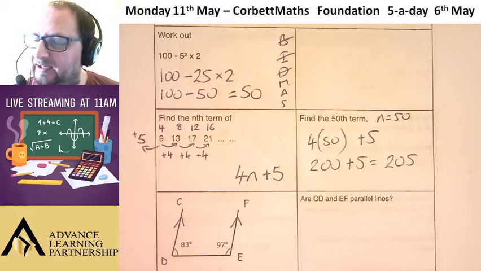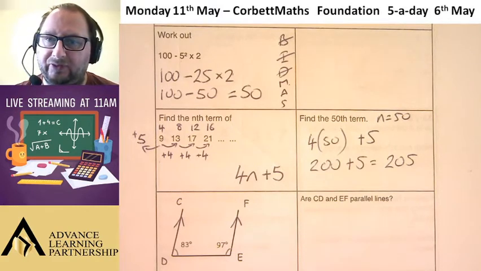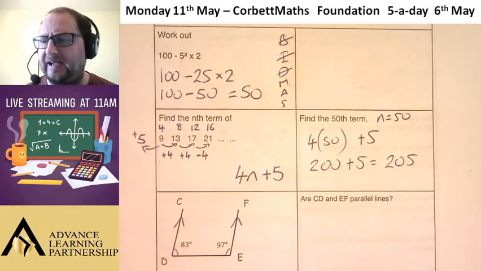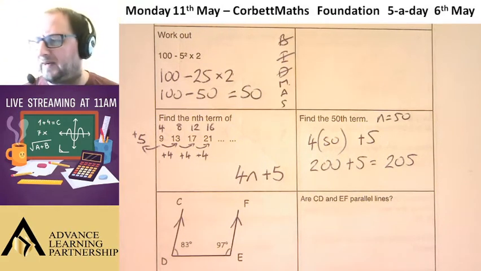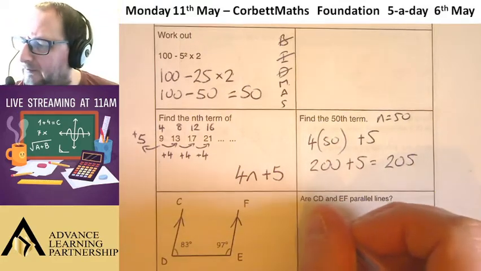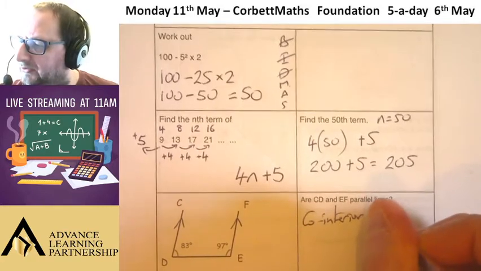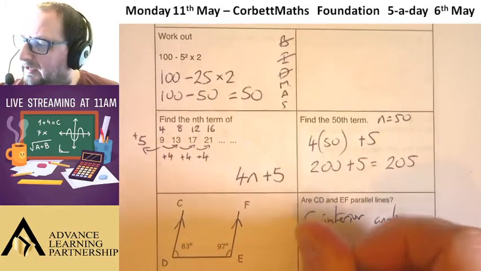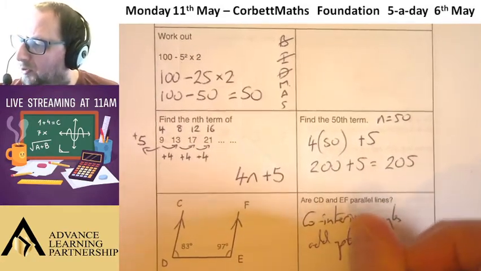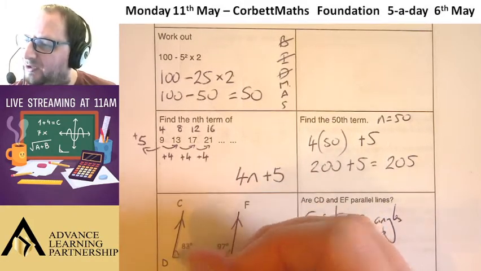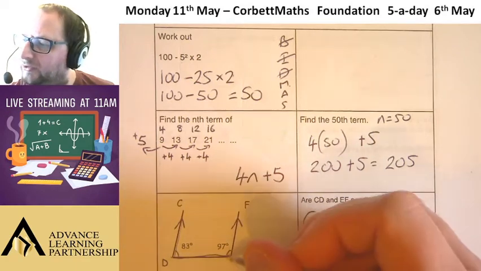Well, there is a little known fact in maths, particularly on the higher part of the foundation paper, that grade 5 area, and only grade 5 students I feel know this, and it is that co-interior angles add up to 180 degrees, and co-interior are quite literally what we've got here, going across and back up.